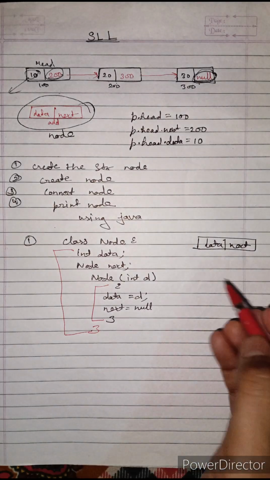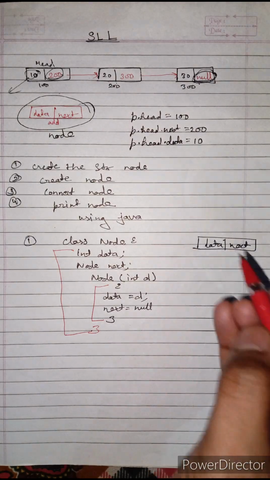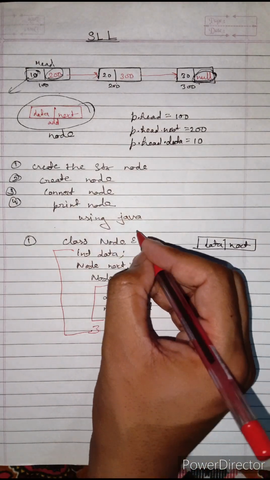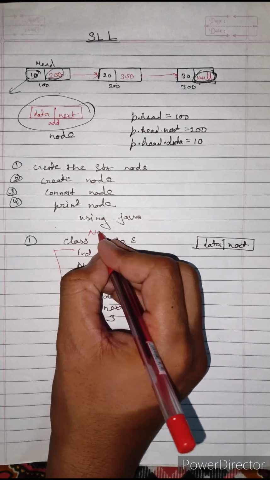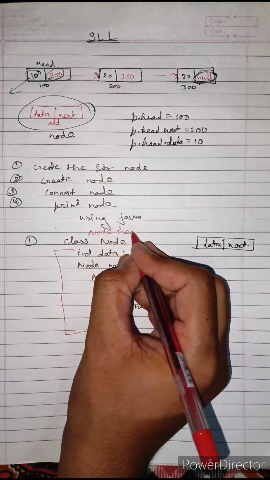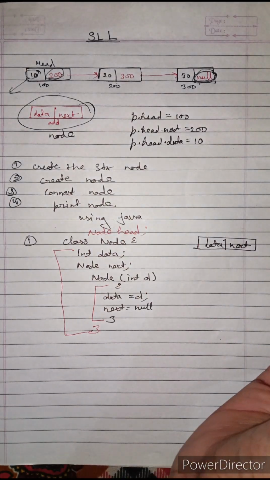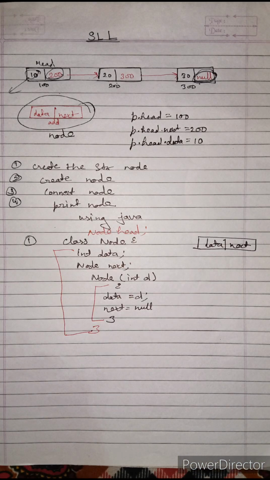So this is the structure of the node. And the first node should be head, so Node head.